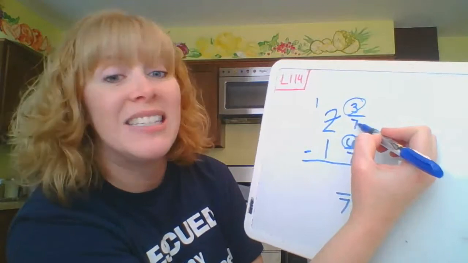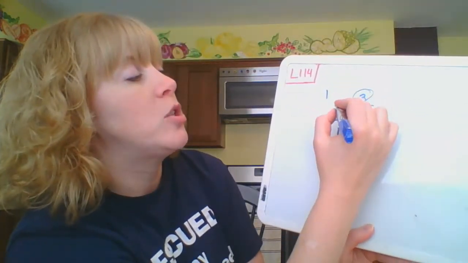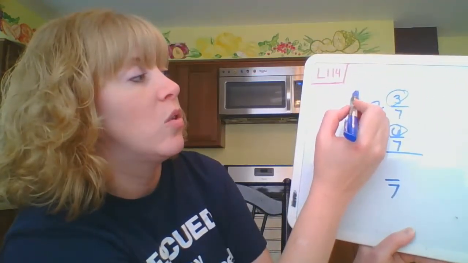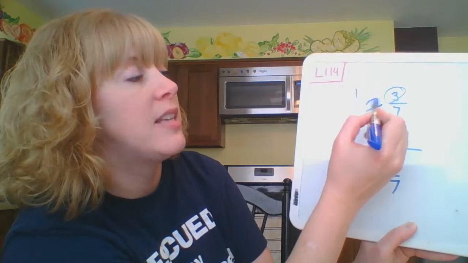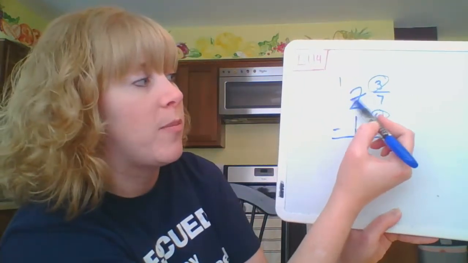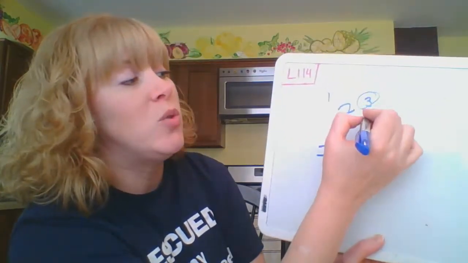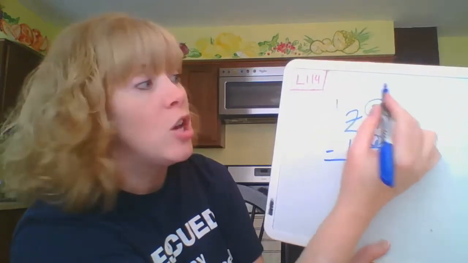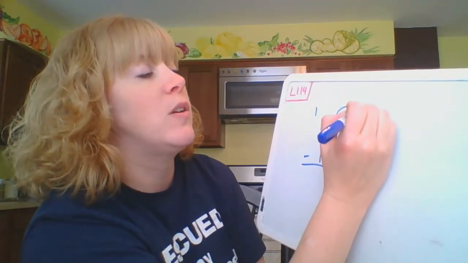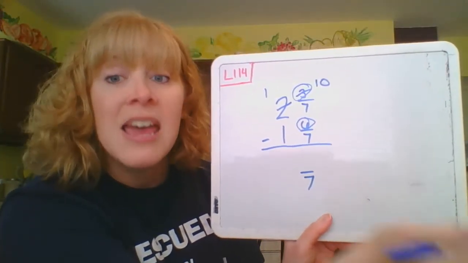I'm going to be giving 7 to this 3. Because remember, 7/7 would be equal to 1. So it's 1 and 7/7 would be another way to write 2. So I'm going to still take away from that 2. Now that's a 1. And now I'm going to give 7 to this 3. So my new numerator is actually going to be 10, not 13.